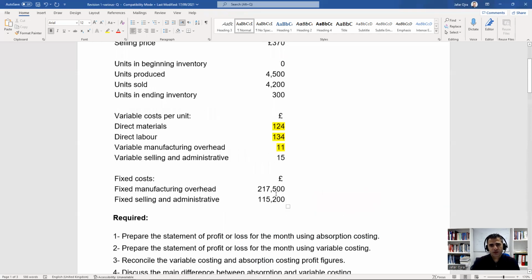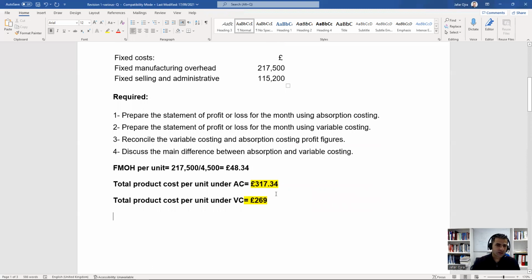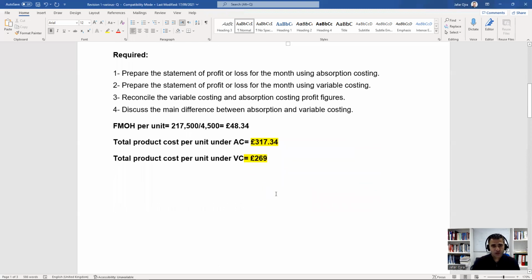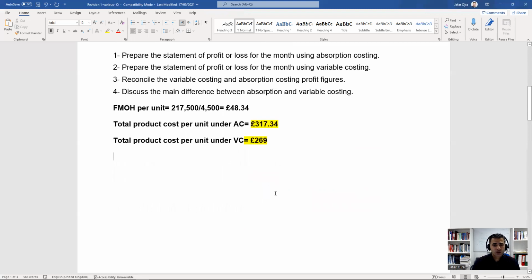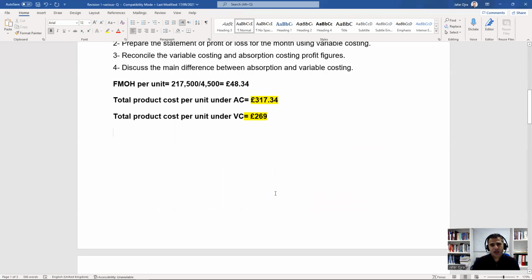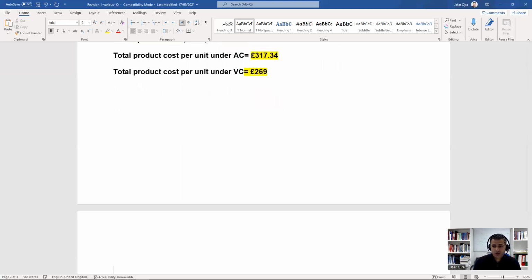So once you know that and you have calculated the product cost per unit under the two methods, now you are free to prepare the statement using absorption costing. You need to start with the sales.